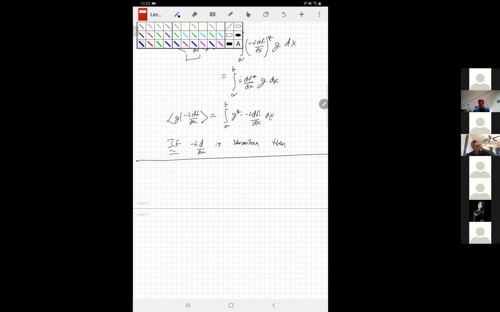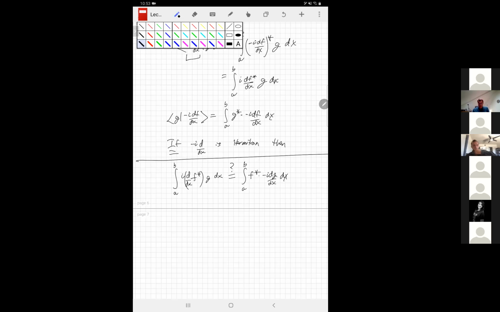So our basic question is, is the integral from a to b of i d/dx f star times g dx equal to the integral from a to b of f star times minus i dg/dx? That's the question we need to pose.